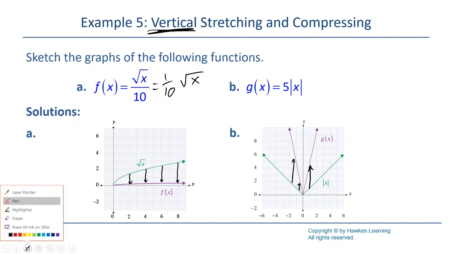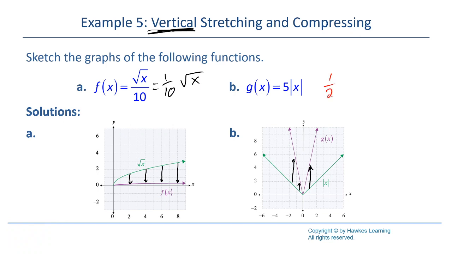Versus, let's say if we did 1/2 the absolute value of x. Then at 2 we're at 1. At 4 we're at 2. At 6 we're at 3. And then absolute value, absolute value, absolute value. That is a decent straight line to have been drawn on a computer.